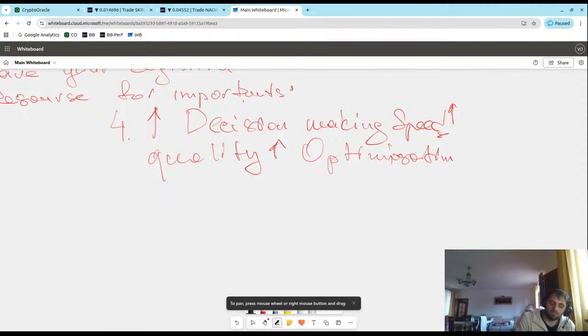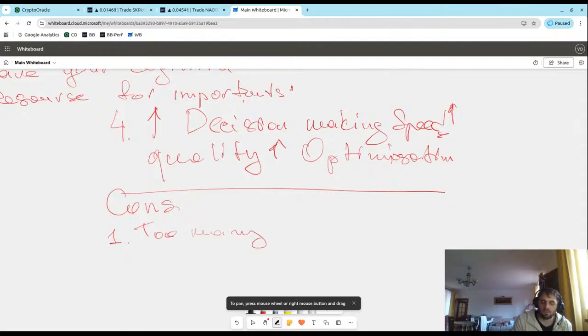So, cons: why sometimes we need emotions. First, when you've got too many definitions, then we have to create definitions among definitions, and it's too complicated.